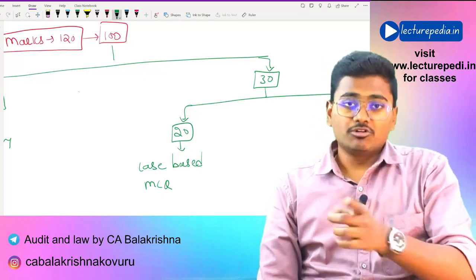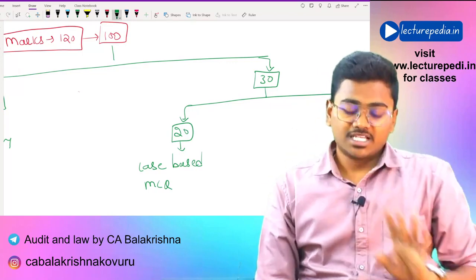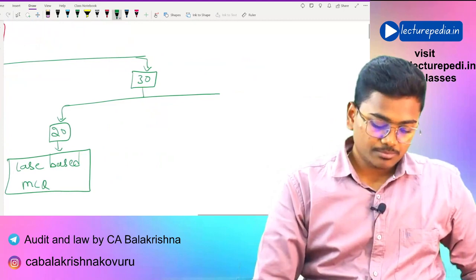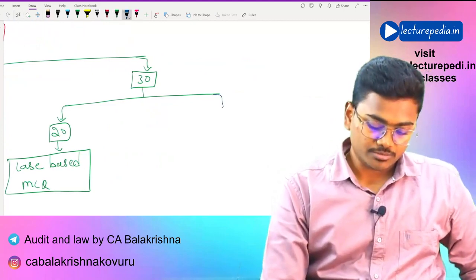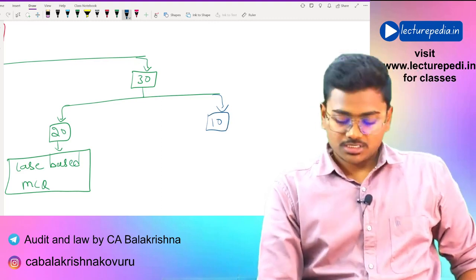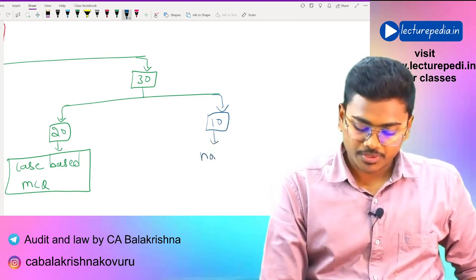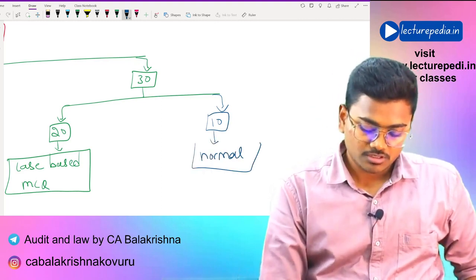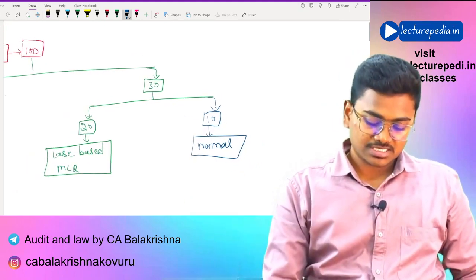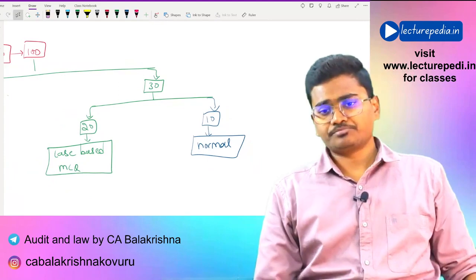Like that, there will be 20 marks for case based MCQs, and the balance 10 marks will be normal MCQs. Normal 1 mark MCQs will be asked for the balance 10 marks. So this is the structure of MCQs.